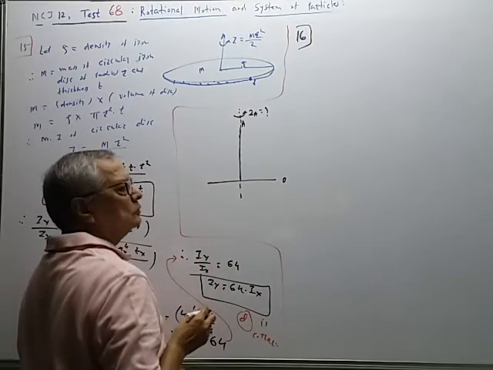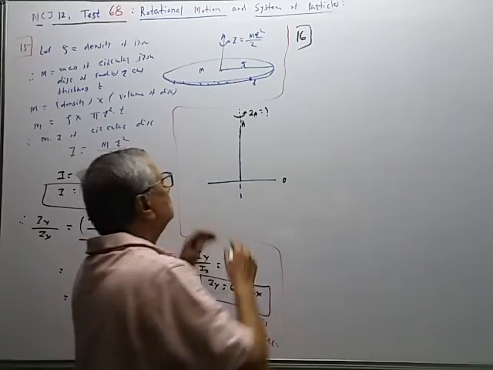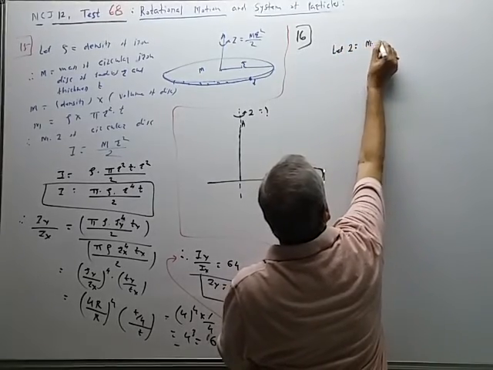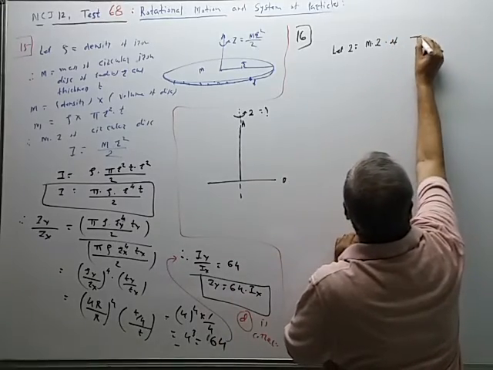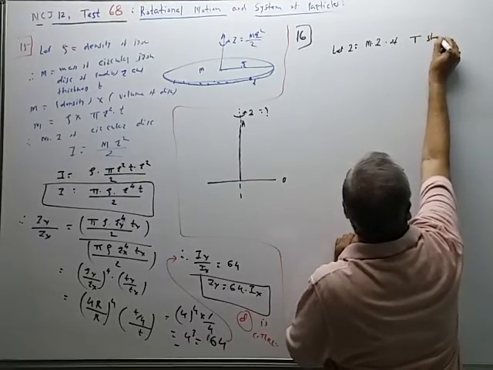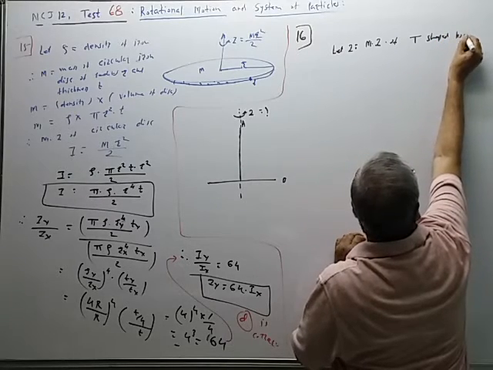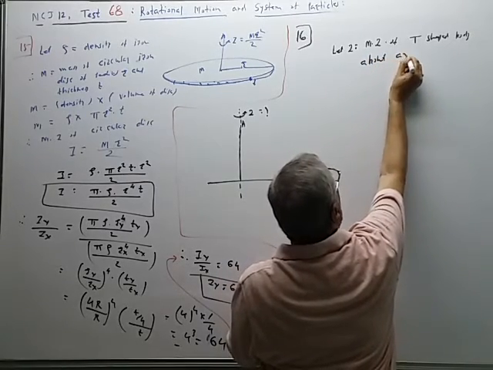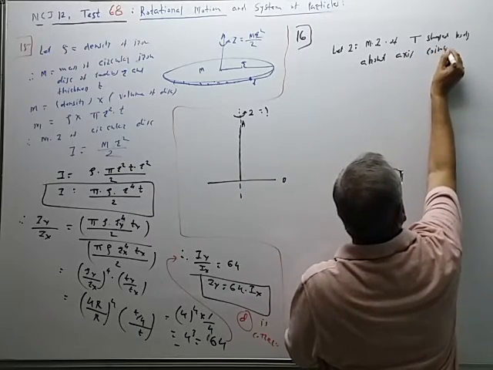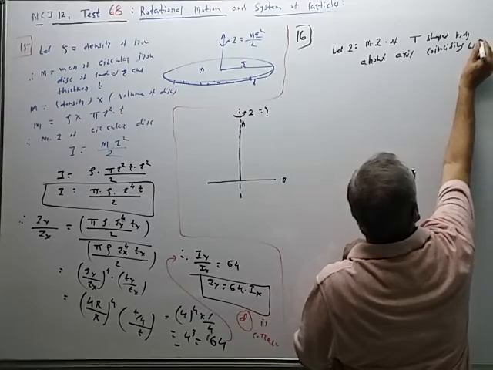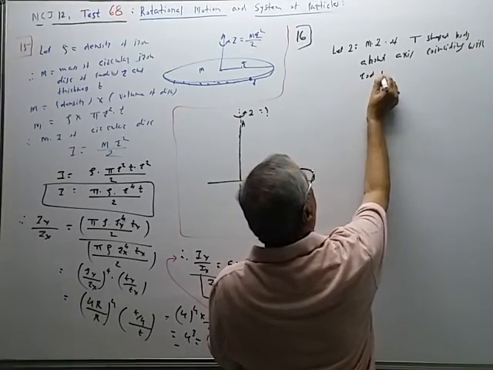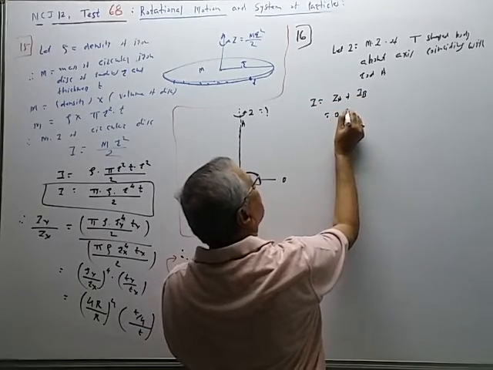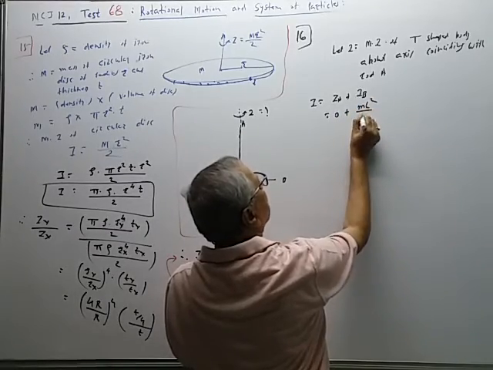I_A is equal to question mark. Let I be the moment of inertia of the T-shaped body about the axis coinciding with rod A. So I is equal to I_A plus I_B. I_B is equal to ml square by 12.